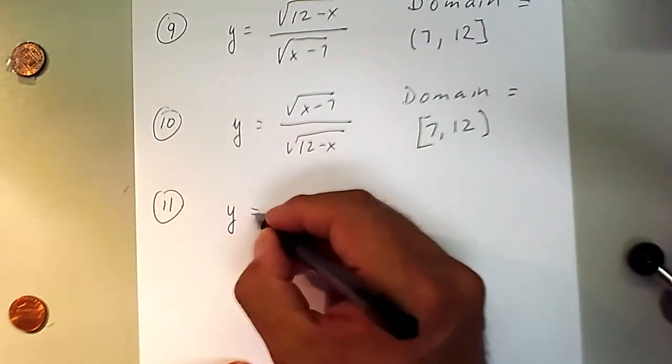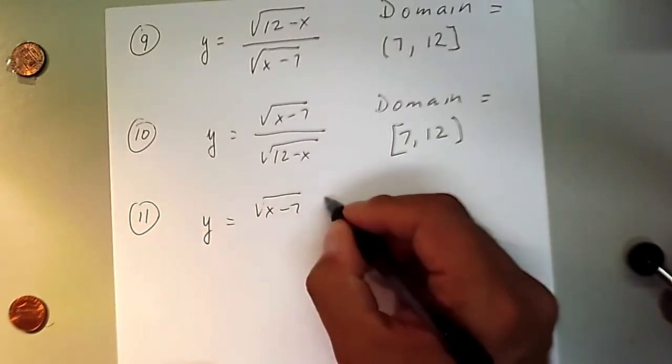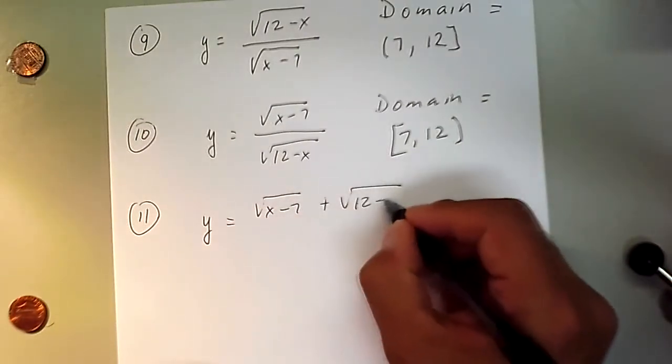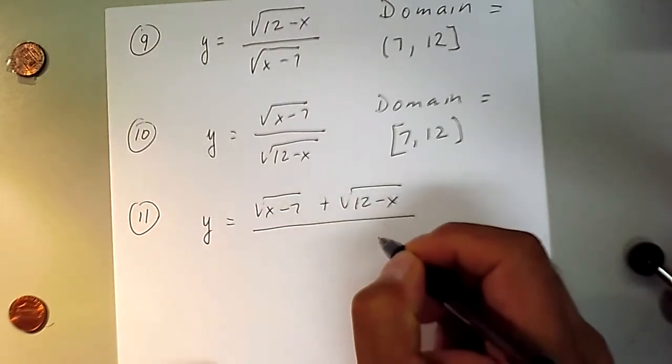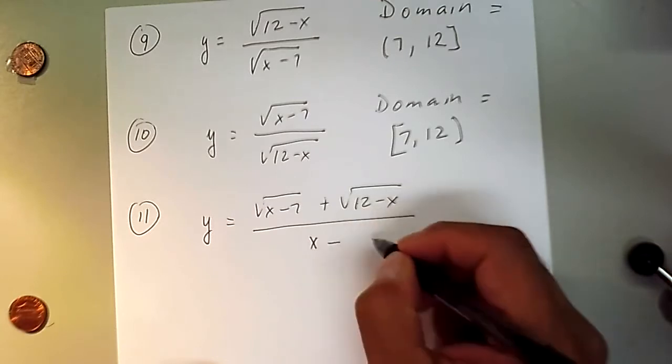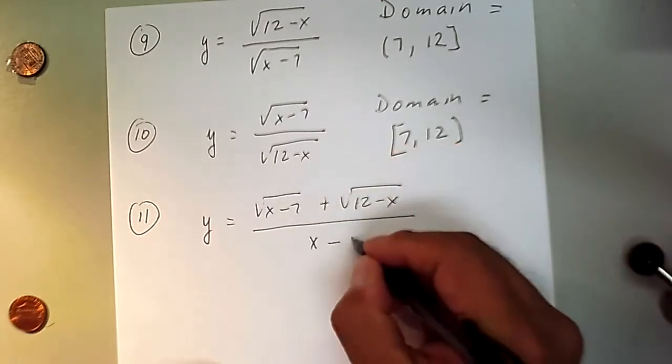What if we have square root of x minus 7 plus the square root of 12 minus x, all of that over x minus, so 7, 8, 9, 10. So let's just put a 10 there.